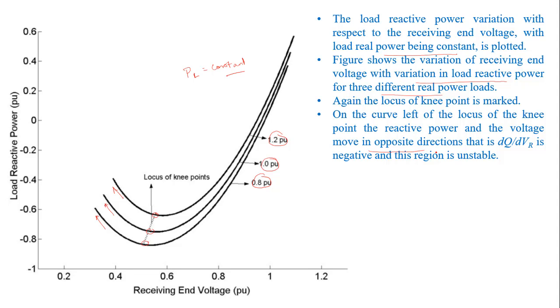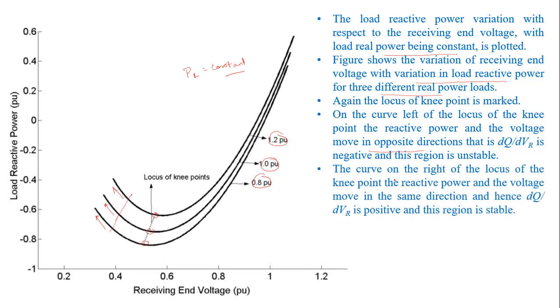As we increase the reactive power injection, the voltage drops in this region, and as the reactive power injection decreases, the voltage increases. So that is what is mentioned, that they move in opposite directions. Therefore this region is known as the unstable region.